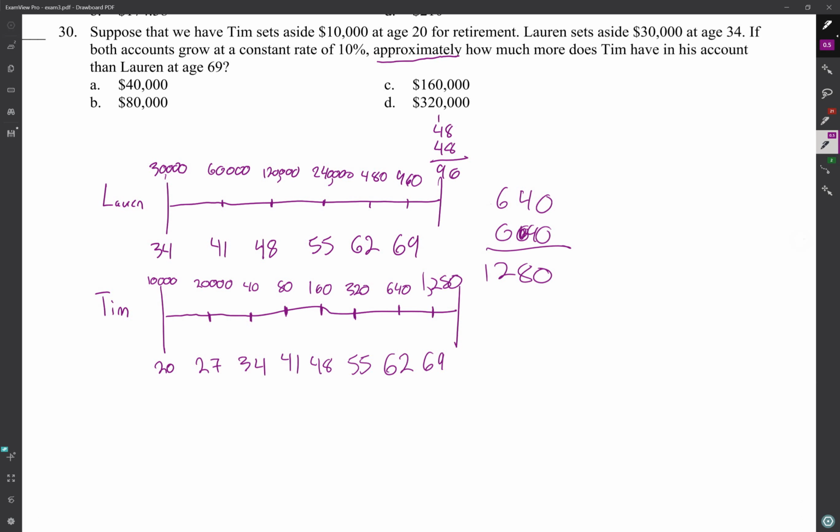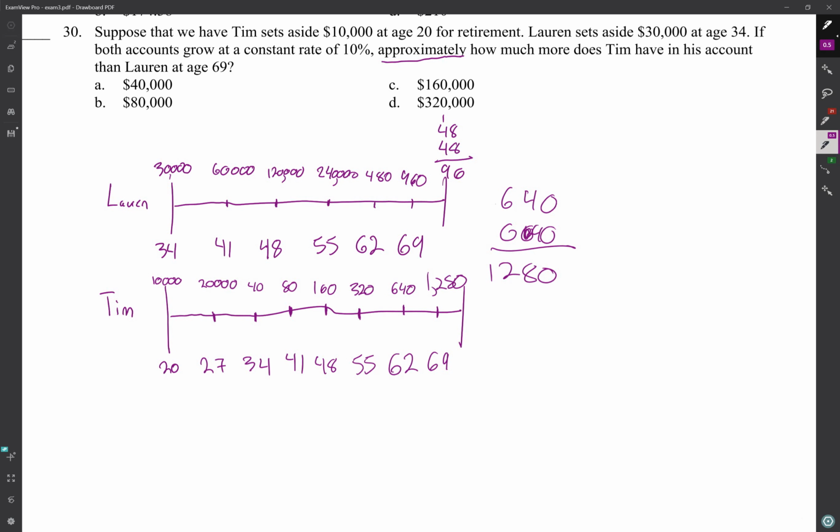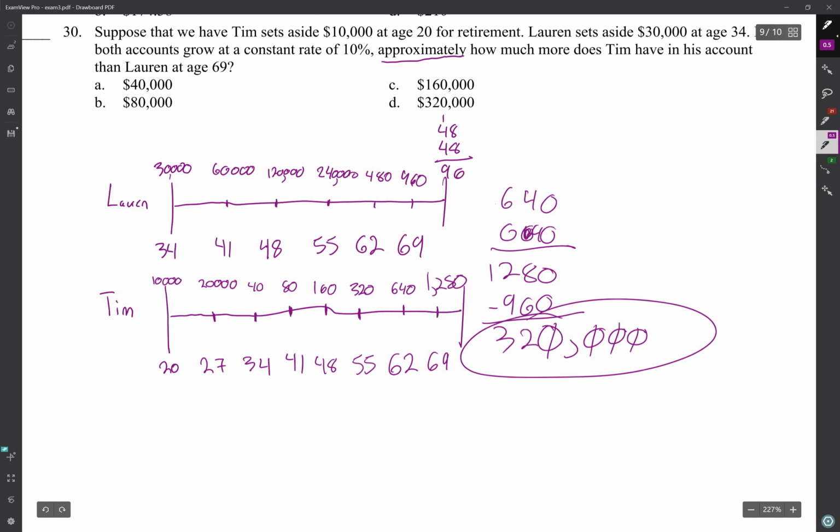Okay, so what is 1,280,000 minus 960,000? Let's see. So we should have $320,000 more than Lauren at that particular age.